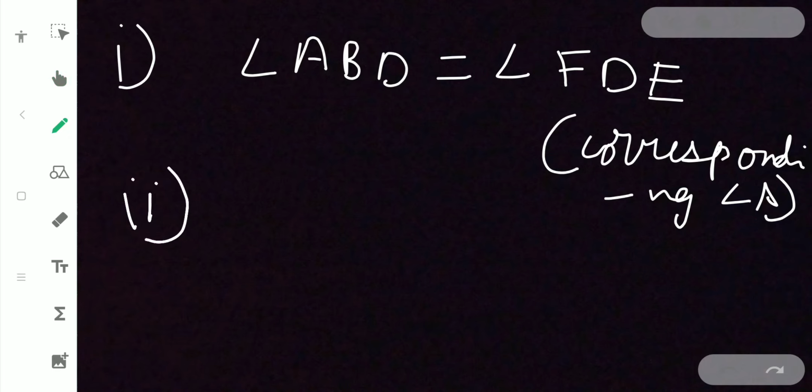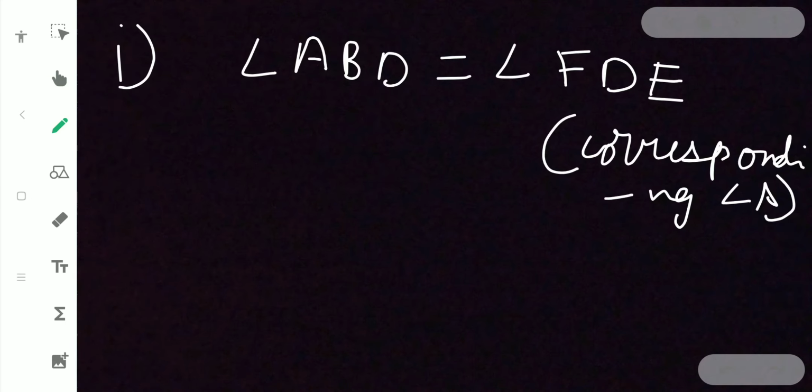Next we have angle GEB. This angle GEB is equal to angle ACB.